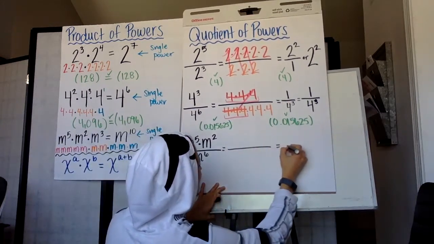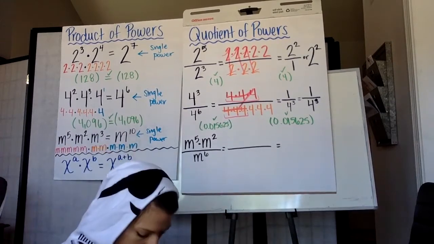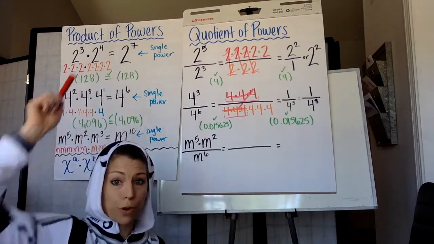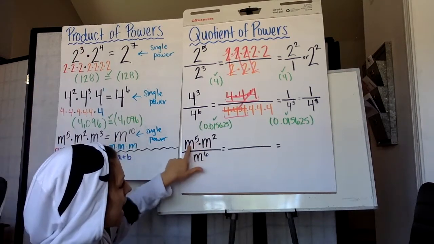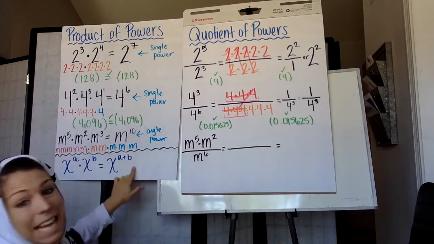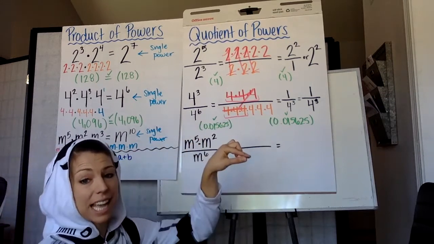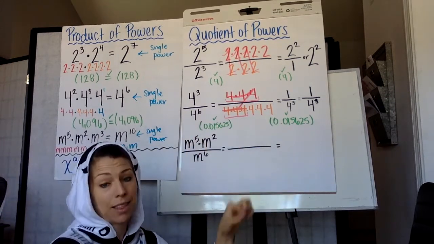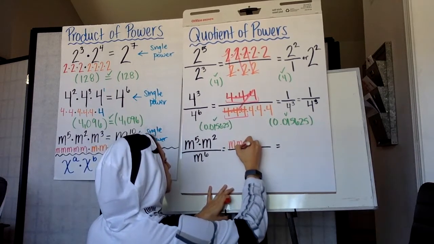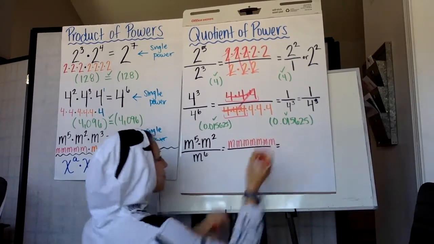All right, so we'll expand it and then we'll look at a final answer. So m to the 5th power times m to the 2nd power. Let's use what we learned over here. What can I do with the exponents when I'm multiplying powers? Oh, I can add them. So m to the 5th times m to the 2nd is m to the 7th, which means there are 7 total m's: 1, 2, 3, 4, 5, 6, 7.